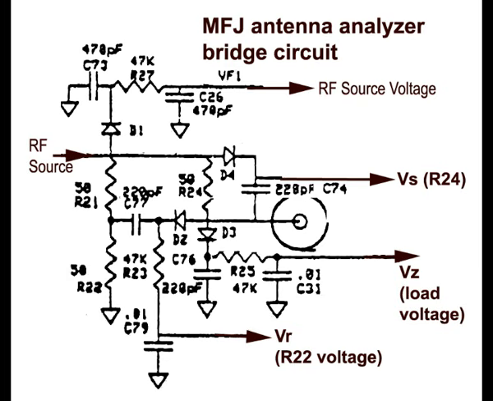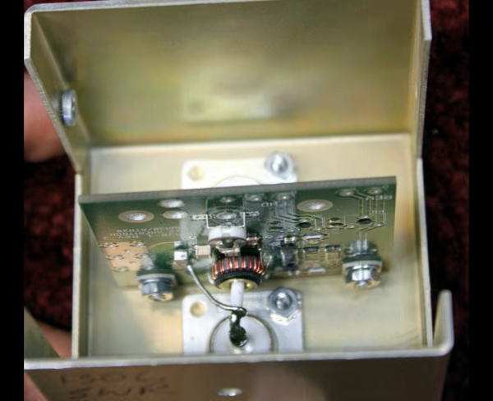Other bridges are exactly the same way. So this is a little bridge that I designed that measures the SWR, or forward power and reflected power. It's a little directional coupler board that I designed for MFJ and Ameritron. The actual production ones weren't exactly like this because somebody up there changed them around a little bit.